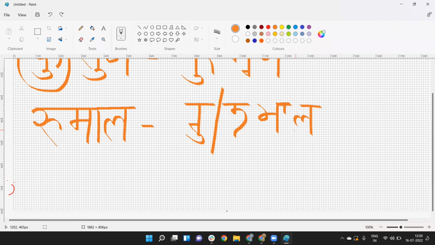So we'll see with the Doob. So I'm using the u matra now.